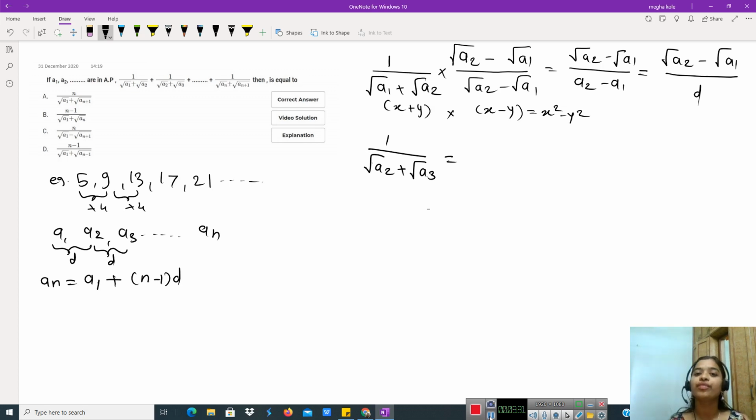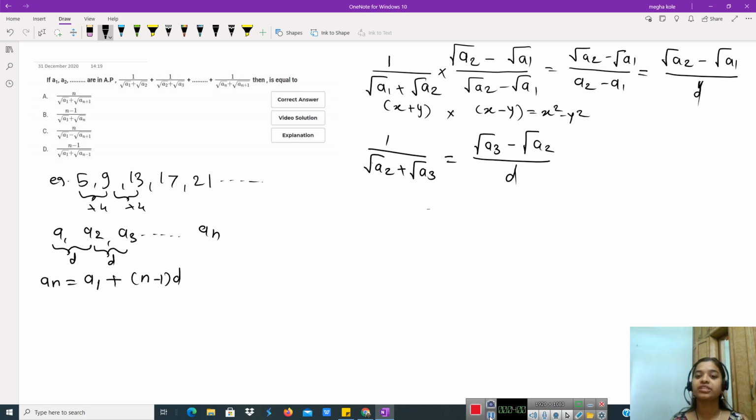We have solved this for 1 upon square root of A1 plus square root of A2, and we received the answer as square root of A2 minus square root of A1 upon D. Similarly, for this term also we will get a similar answer. We will just replace these terms with A3 and A2: square root of A3 minus square root of A2 upon D.